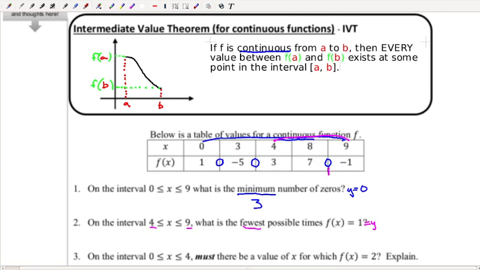We have to go through 1 to get to negative 1, so we only have one guaranteed f of x equals 1 on this interval. There might be more over here, but we don't really care about this section. We only want to go from 4 to 9. So there is one guaranteed f of x equals 1 on the interval from 7 to negative 1.